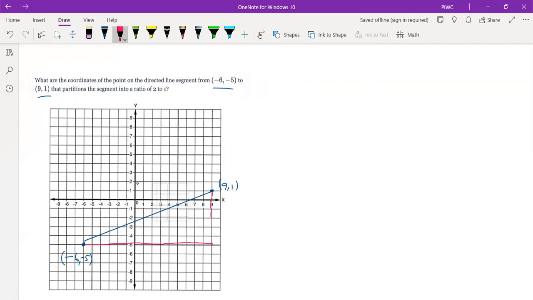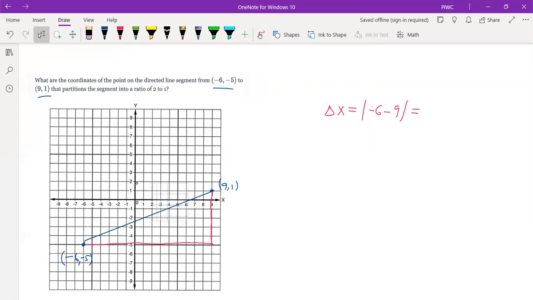So in other words, you want to find the distance between the x values and y values. So what's the distance between -6 and 9? We can count, or we can just do the change in x. So x2 minus x1, 9 minus -6, or we can do -6 minus 9.